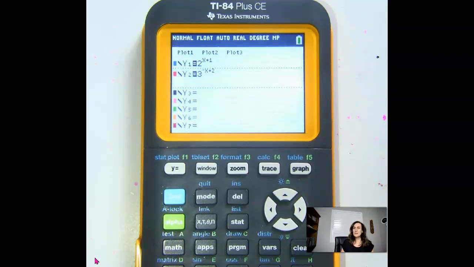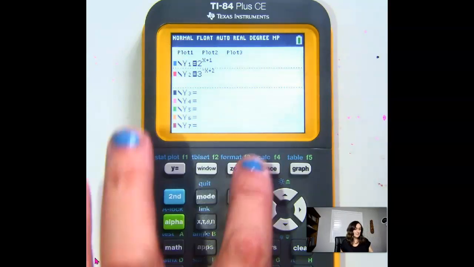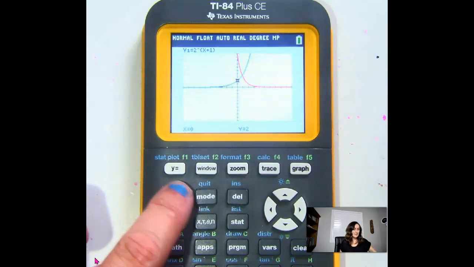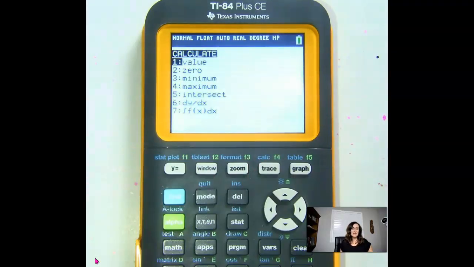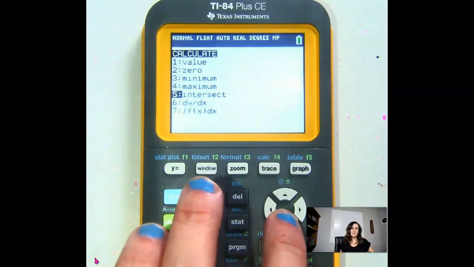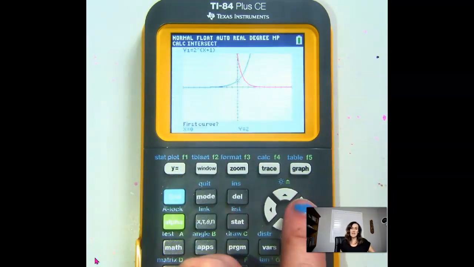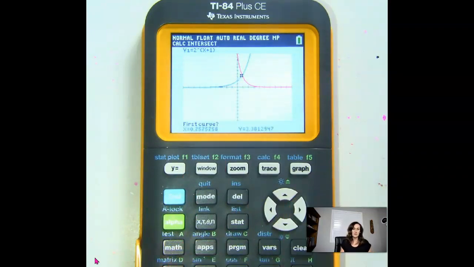Okay, so I have 3 raised to the negative x plus 2. And then I'm just going to hit trace. And then I'm ready to calculate. Second, calculate. Now, if you have a graph with a whole bunch of intersections, then you will want to hit trace, and then you'll want to trace this close to the intersection that you're trying to calculate.